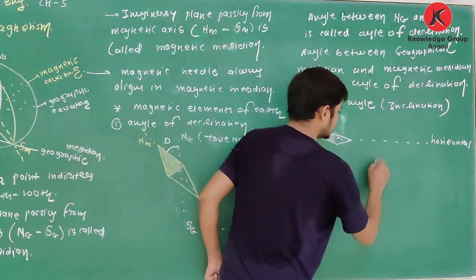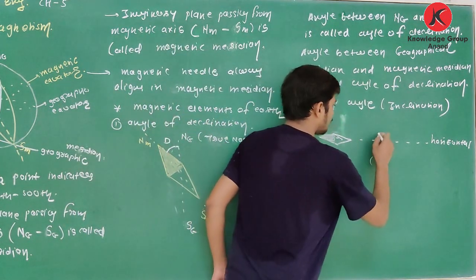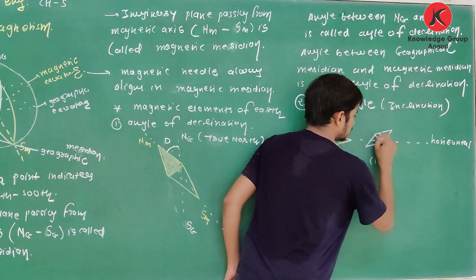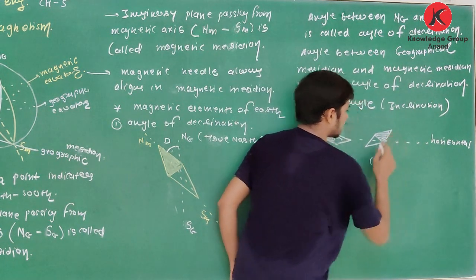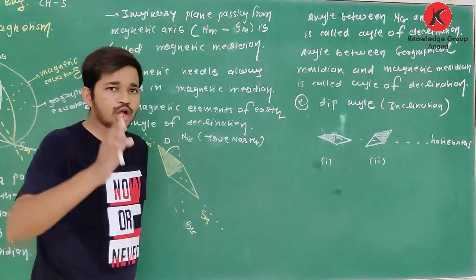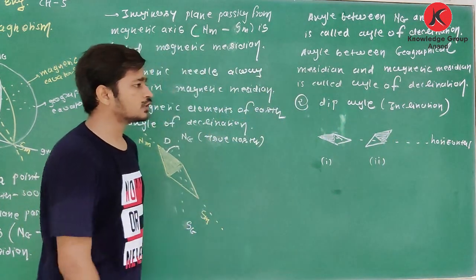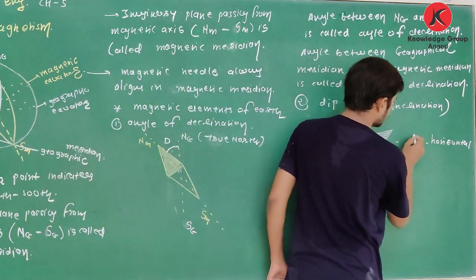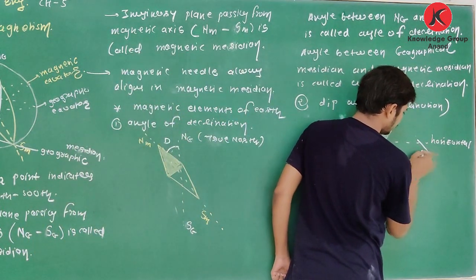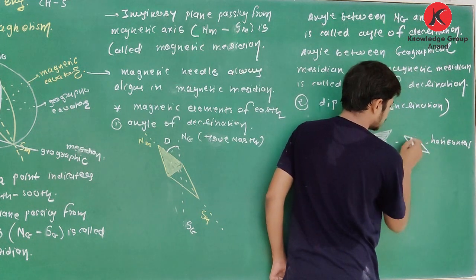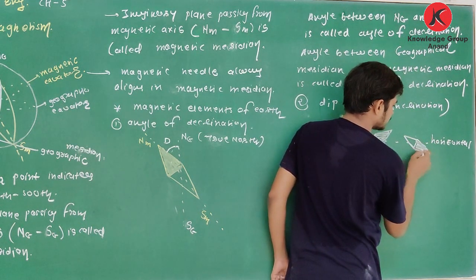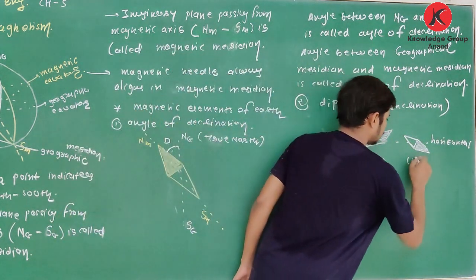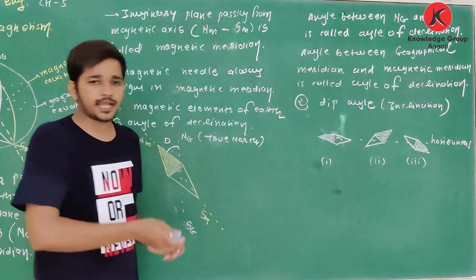Second figure, the magnetic needle is like this. Now, is this magnetic needle in the horizontal plane? No, it is not in the horizontal plane. Also like this in the third. Do you understand these three figures? 1, 2, and 3.